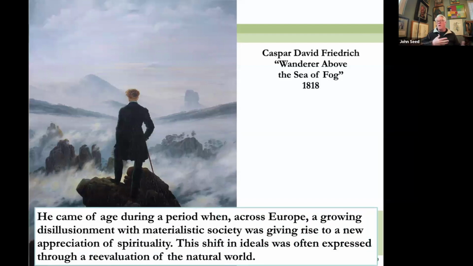One thing that I want to give you as a kind of philosophical point of view: all across Europe, there was more and more disillusionment with what we'd call materialistic society, the society of empire. And that did lead to new forms of spirituality. And the natural world was one of the vehicles for this new idea about God, if you will.